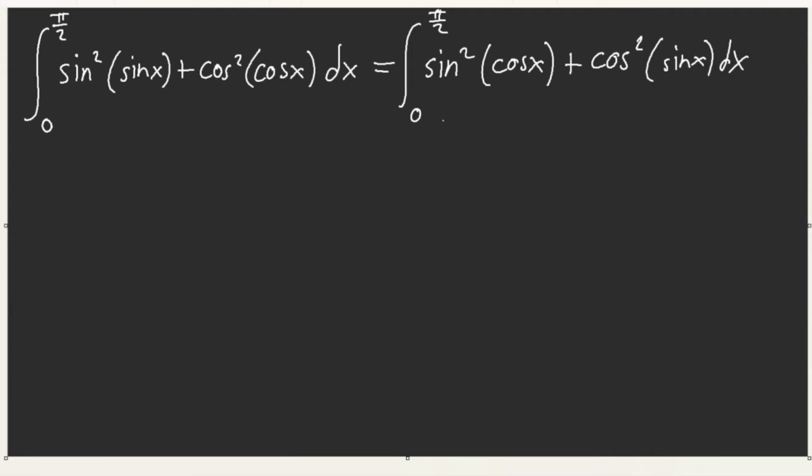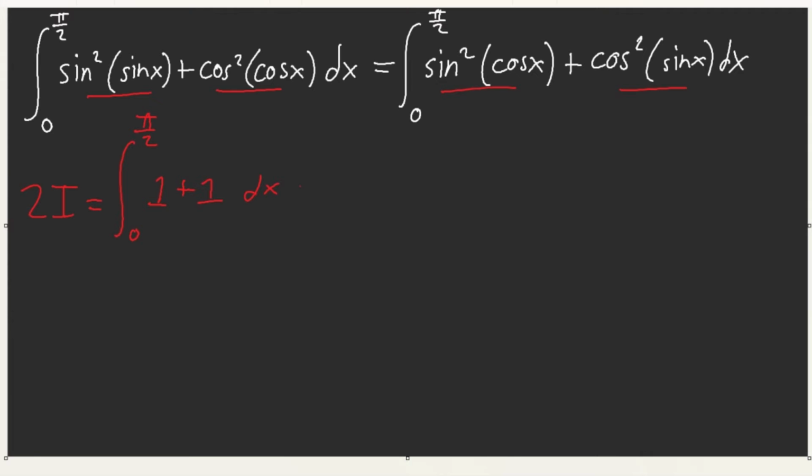So what happens is when we add two of these integrals, then what we get is sine square plus cosine square. That's 1, right? We have sine square of sine of x plus cosine square of sine of x. We get 1 plus cosine square sine square, another 1.